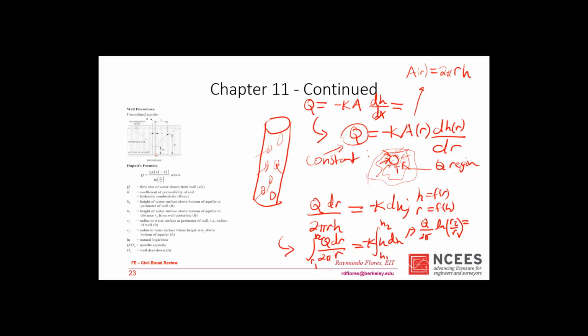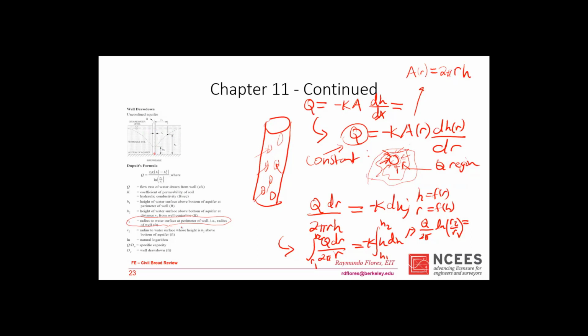So our total head at this location, where R1 is, which is important because R1 is the radius of the well, and that's always the case, no matter what. Even if you look at the confined. So H1 is where the edge of the well is, and R2 is where it starts to level off.